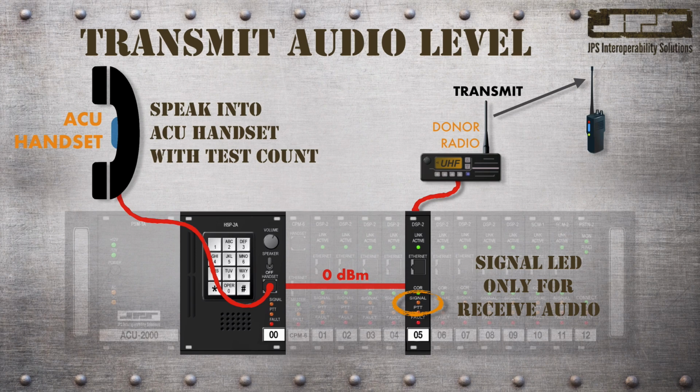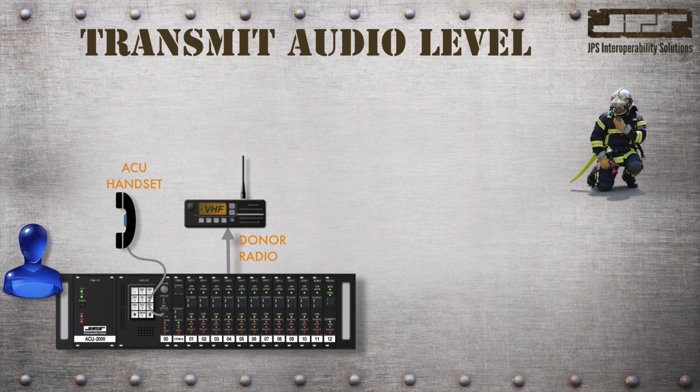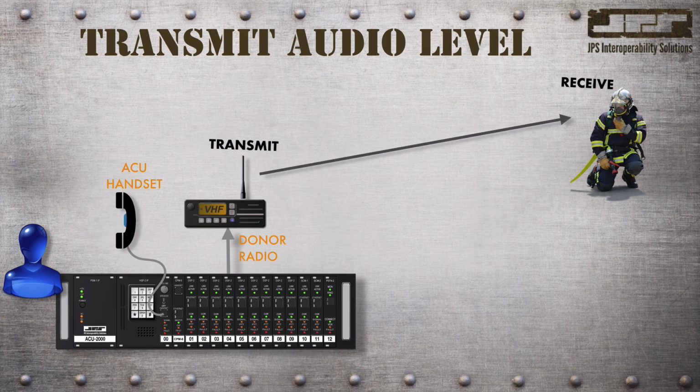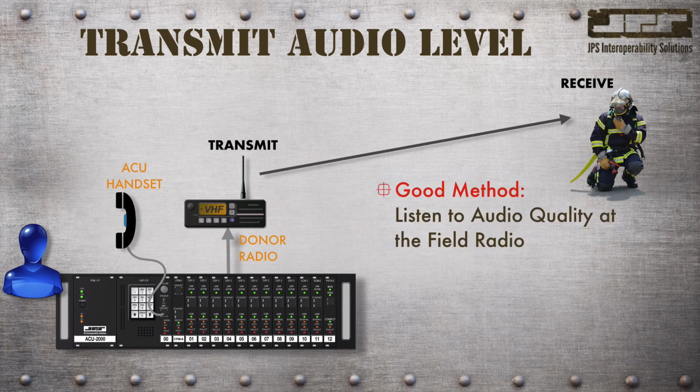Instead, we have two ways to determine if the transmitting donor radio is properly modulated. While speaking into the ACU handset with a test count, one method is to simply listen to the audio received by the radio in the field and determine if the quality of the audio coming from the ACU gateway is satisfactory. This method is purely judgmental and is dependent upon the volume level of the radio in the field as well as the ear of the evaluator.